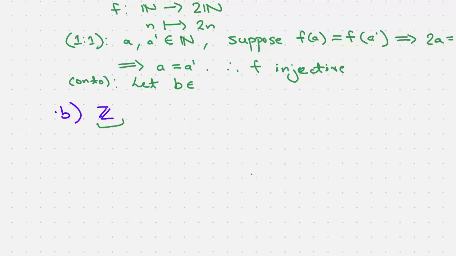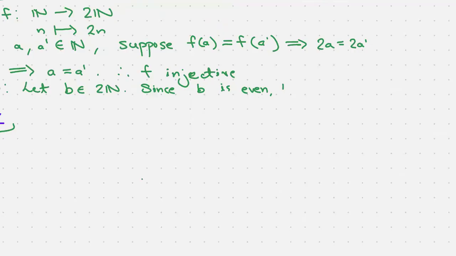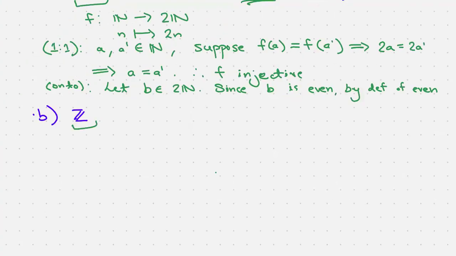So since b is even, by definition of even natural numbers, b is equal to 2k for some k in N. Thus, f of k equals 2k, which equals b.